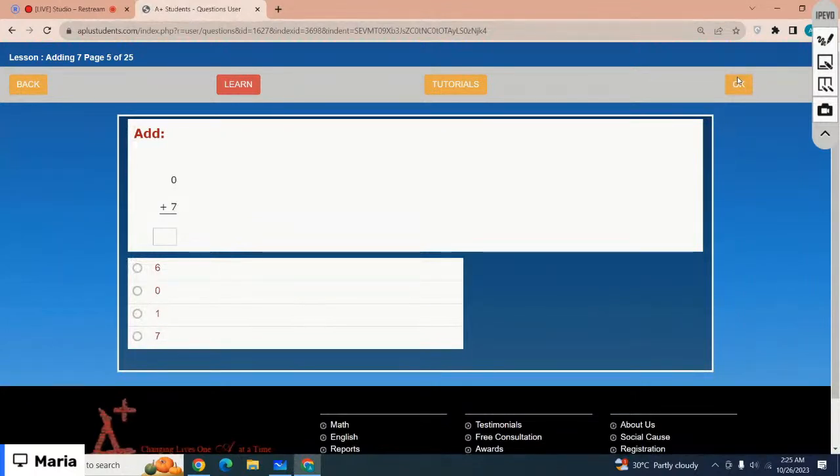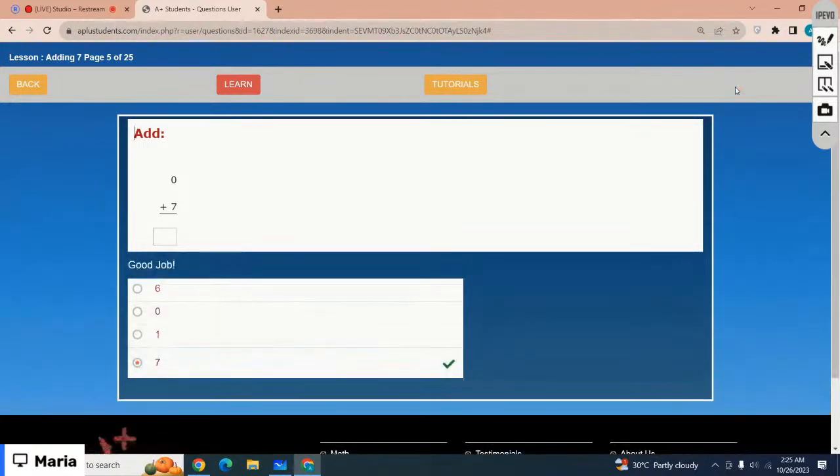Okay, the next one is 7 plus 0. So which is the correct option? Yes, very good. 7 plus 0 makes 7. The correct option is 7.